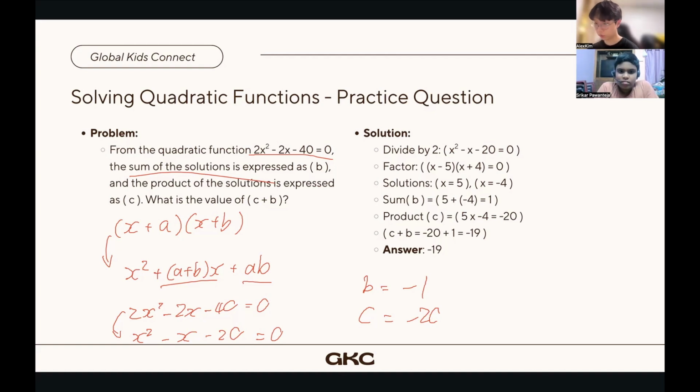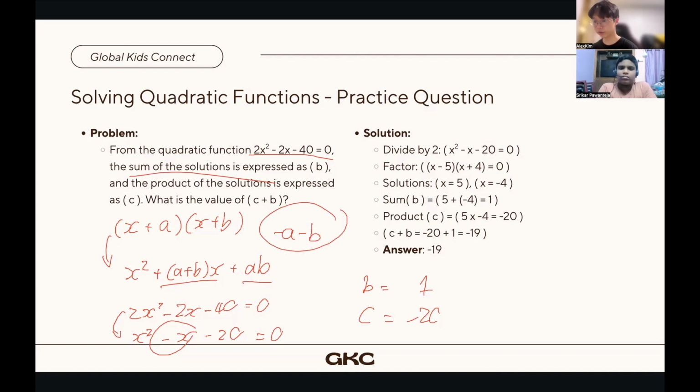Okay, a slight detail. The sum of the values wouldn't be -1, but rather +1. The reason is that this -1 value is, in our example, a plus b. However, the sum of the solutions will not be a plus b, but -a minus b.